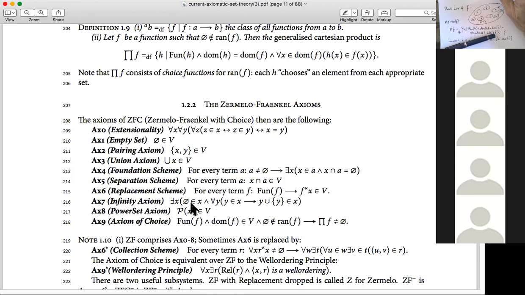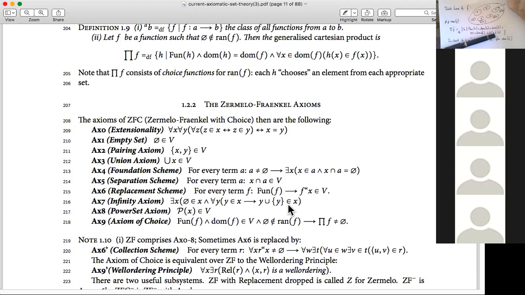Here is infinity, working up. It says there is a set x which contains the empty set, and for any y that's in x, y union singleton y is in x. So the successor of y is in x. This builds up, starting from the empty set union the singleton empty set.